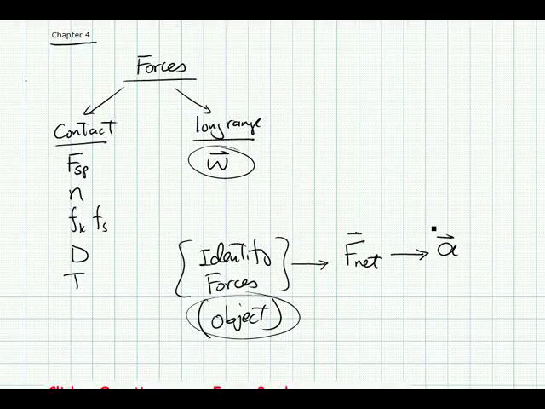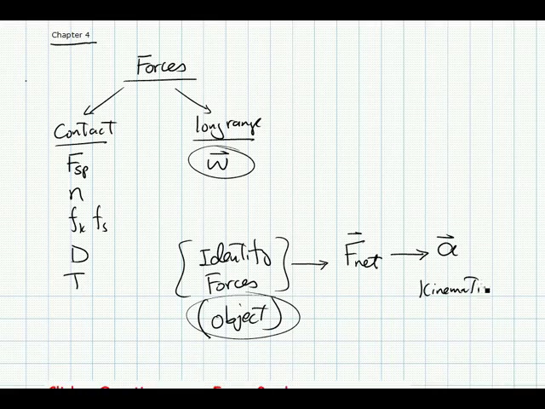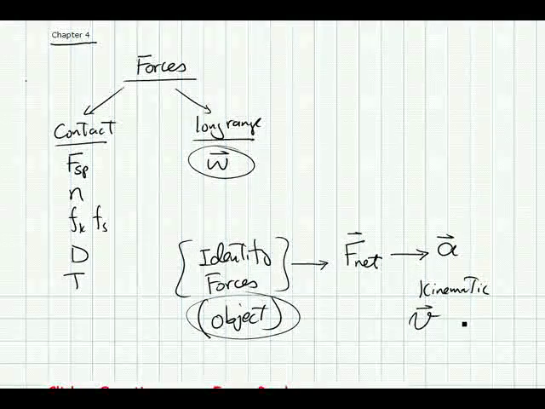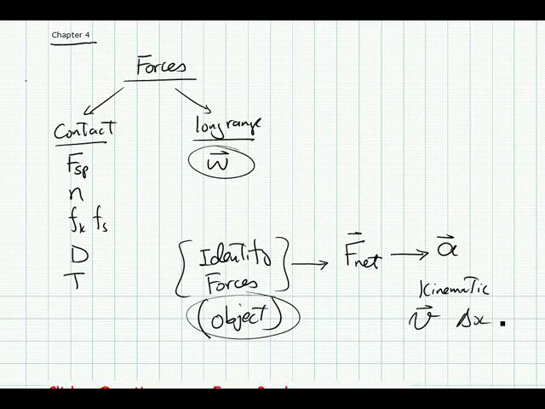So once you know the acceleration of the object, then you can use your kinematic equations to solve for velocity, displacement, or how long, the delta t, it takes for the object to, for example, go through certain displacement or certain velocity change.